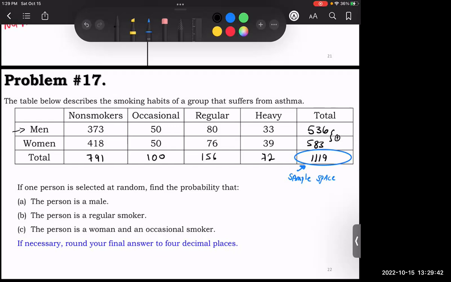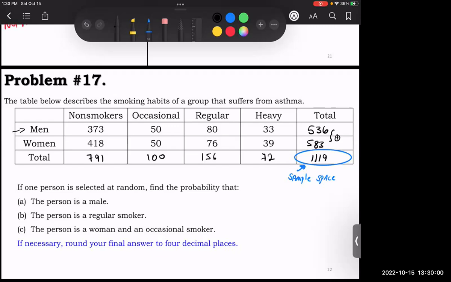So 791 plus 100 plus 156 plus 72, even if you give it a shot, add it up, that turns out to also be 1,119. So you just have to include the 1,119 once.